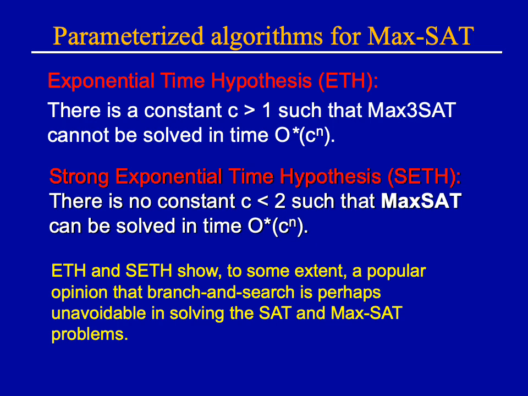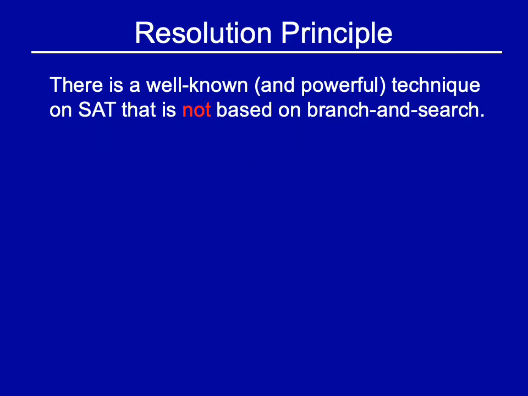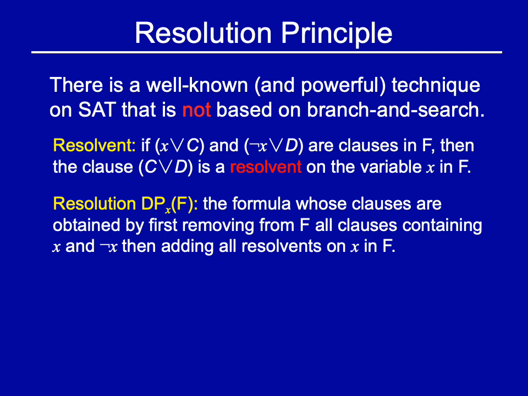Therefore, in order to further improve those algorithms, we seem to need better branch and search strategies. There is a very famous technique for SAT that is not based on branch and search. This is called resolution. Let me give some definitions here.